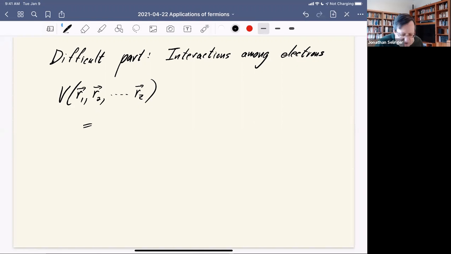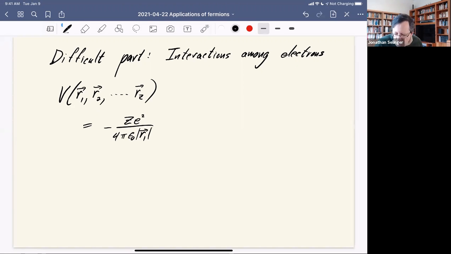For the interaction of the electrons with the nucleus, that would be minus Z E squared over 4 pi epsilon naught magnitude of R1.